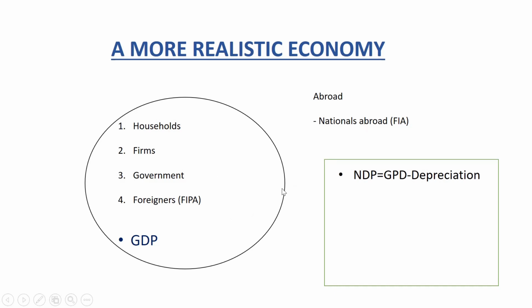Before we move on, let's also understand that in actual production, our capital depreciates. There's wear and tear of capital in the course of production. So at the end of the day, we should account for depreciation before we can actually talk about what we have actually added. So when we want to know the actual income we have generated, we have to make allowance for the capital that we have destroyed in the process so that we can replace them.